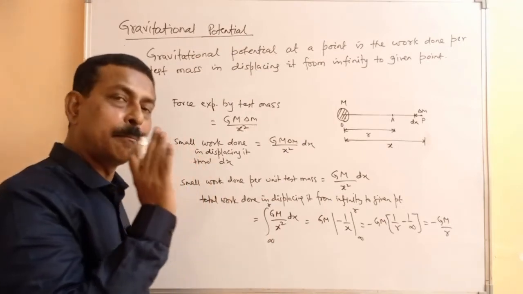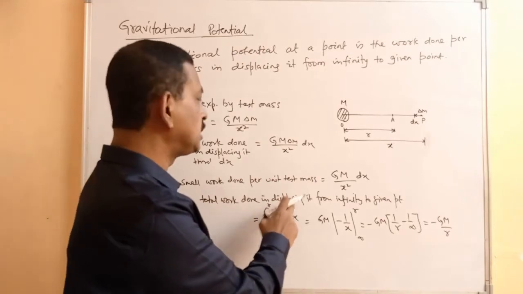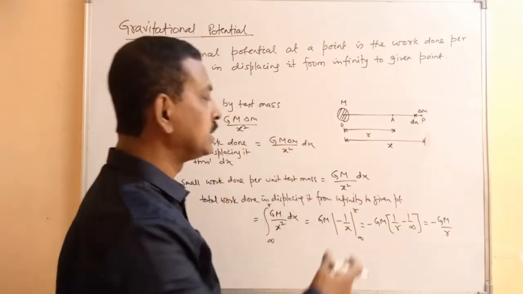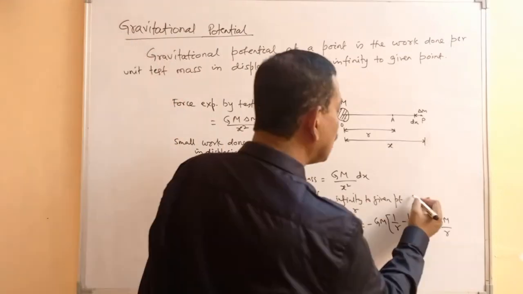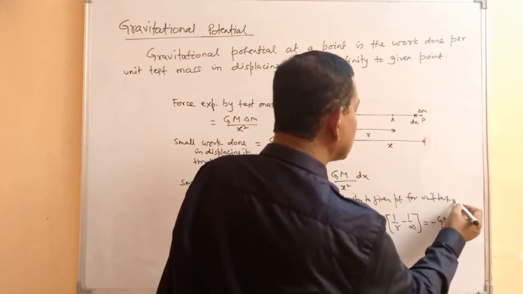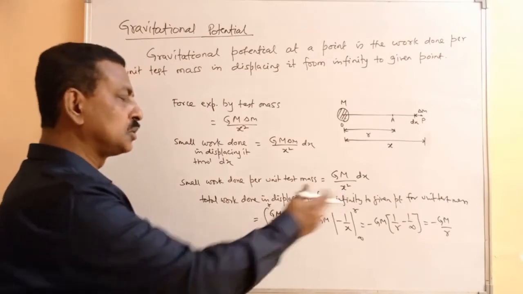Now, by definition, this work done per unit test mass in displacing it from infinity to a given point is your gravitational potential there. Here we have taken work done per unit test mass. So this is the expression.